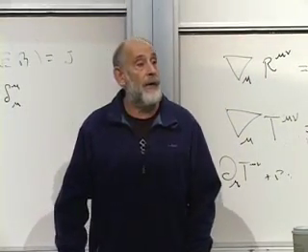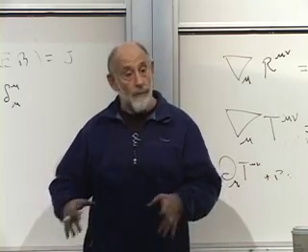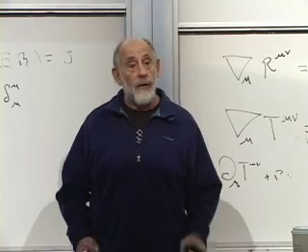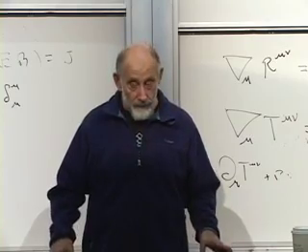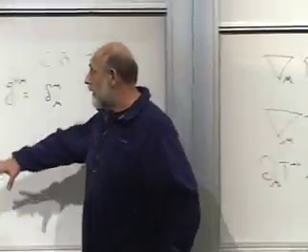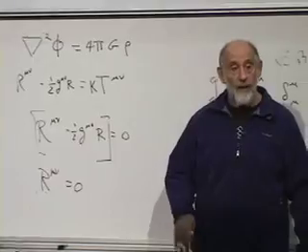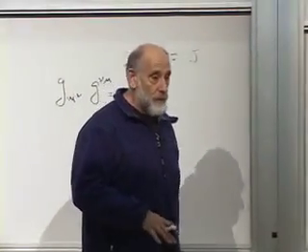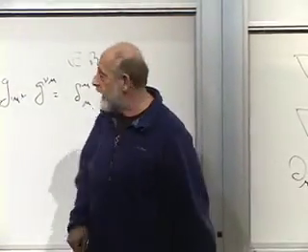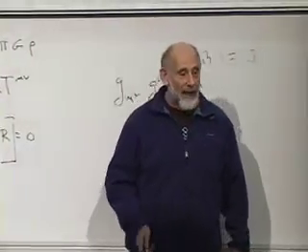And therefore, in a world of 2 + 1, 2 space, 1 time, 3 dimensions, there are no gravitational waves. Any place in space where there is no material, no energy and momentum of this type, space-time is flat. Not just Ricci flat, which is the statement that the Ricci tensor is 0, but just plain flat.